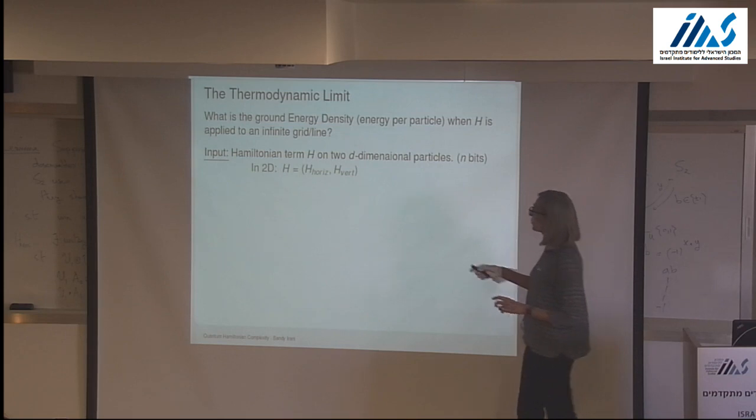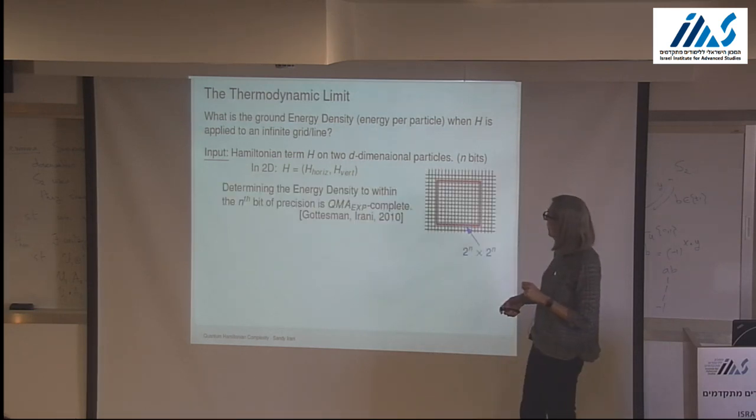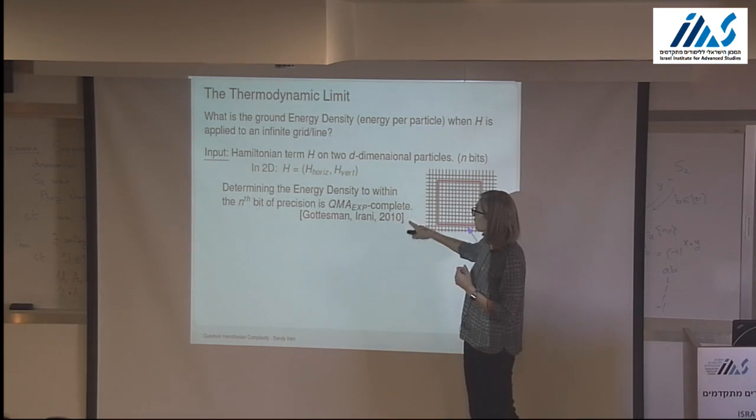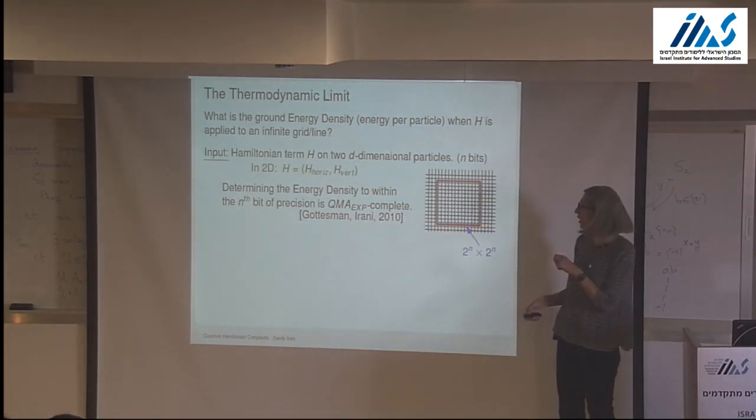In 2D, you can have two different terms. Even though it's translationally invariant, you're allowed a different term for the horizontal direction than the vertical direction. So for example, how hard is it to determine the energy to within n bits of precision on the infinite grid?